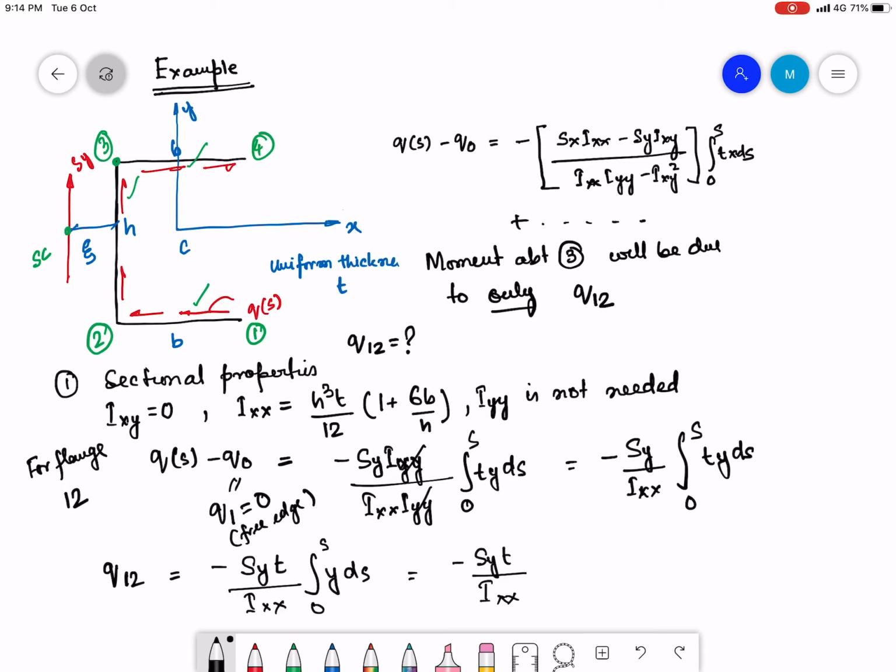So I have h by 2 into s, because y is minus h by 2. Right? So I have this to be of this form. Okay, now this is done. So now let me erase this off. So now I know Q12.